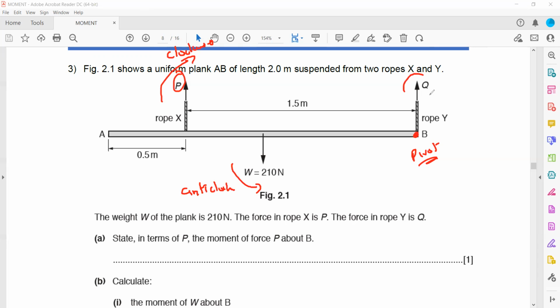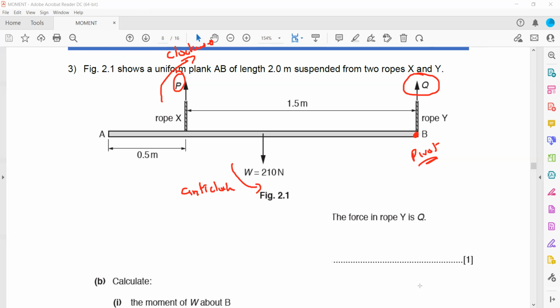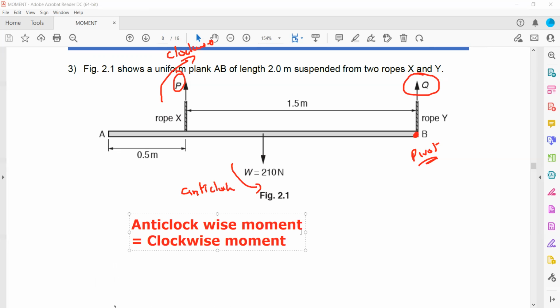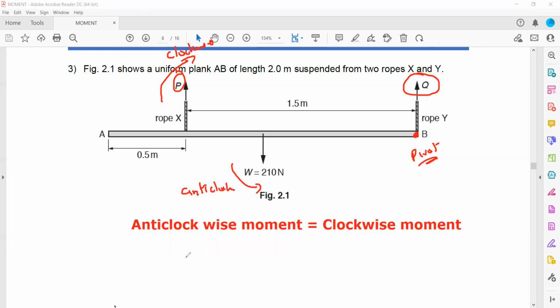Why did I not consider any turning effect due to force Q? Because when a force is acting on the pivot, the perpendicular distance is 0. That's why it does not cause any turning effect or rotation. So when we solve, we assume the clockwise and anti-clockwise moments are the same. The anti-clockwise moment is 210, the force multiplied by the distance from the pivot, that is 1.